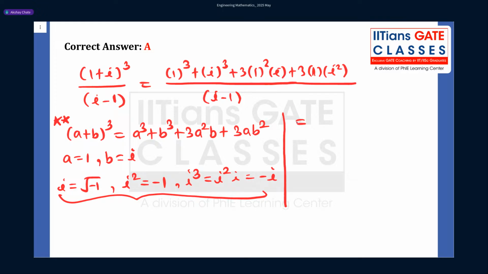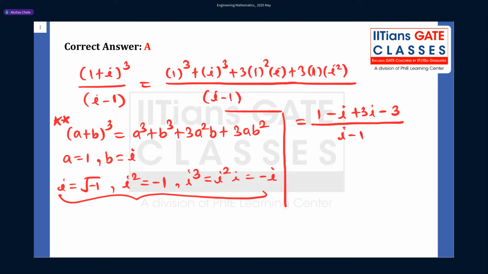If you further simplify this, 1 cube is just 1. i cube is minus i, as we have just seen. And then you have plus 3i because 1 square is 1. And since i square is minus 1, the last term is minus 3, divided by i minus 1.